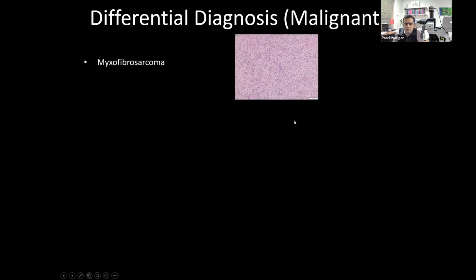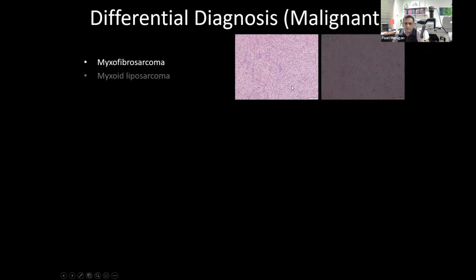So then let's get to the malignant differential diagnosis. What are we thinking about in terms of malignancy? What are these myxoid tumors? Okay, so myxofibrosarcoma, yes. We saw these cellular areas with coarser blood vessels and, of course, a myxoid background. Even though we know myxofibrosarcomas are mostly in the subcutaneous plane and mostly in elderly patients, because of this architecture and cytology, we might need to think of that.